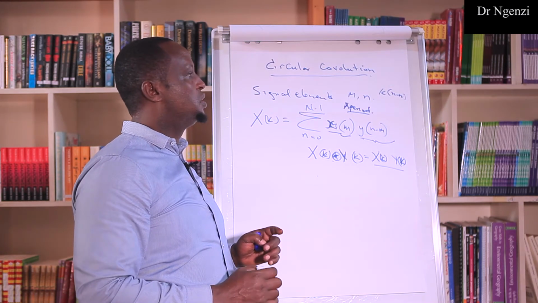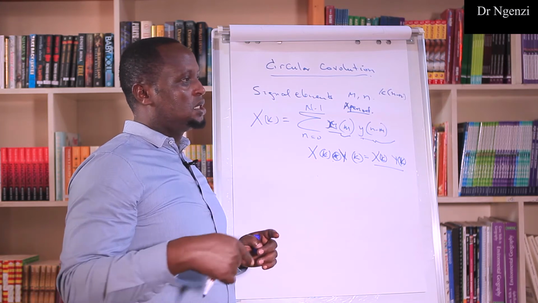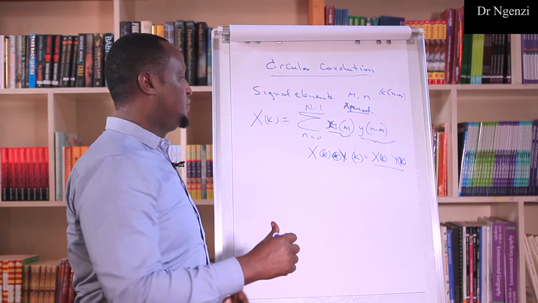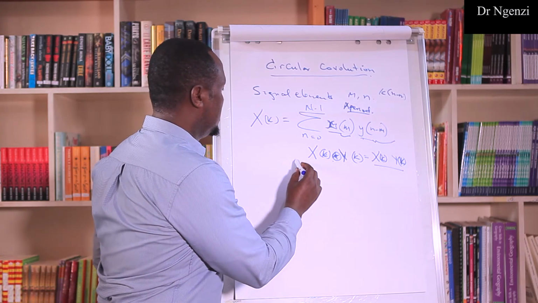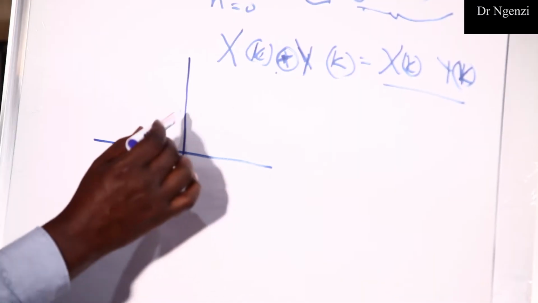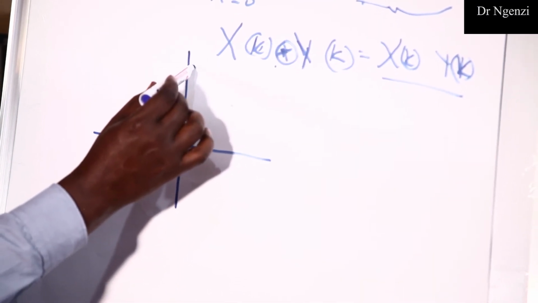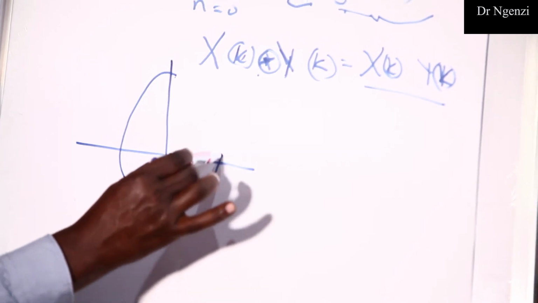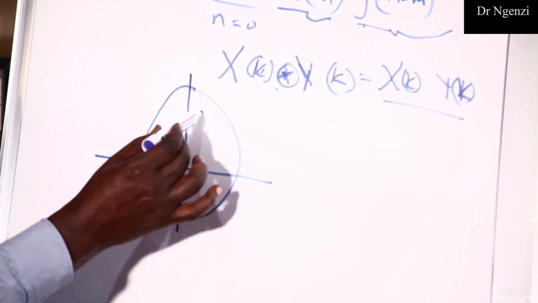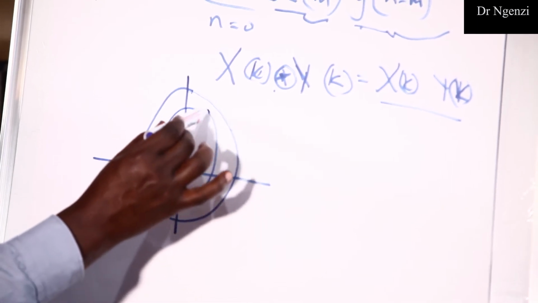Remember, the convolution is going to rotate from the origin of the circle, given, for example, any value here. It's going to rotate according to any value, and it can begin from the point of origin, depending on which values you have.